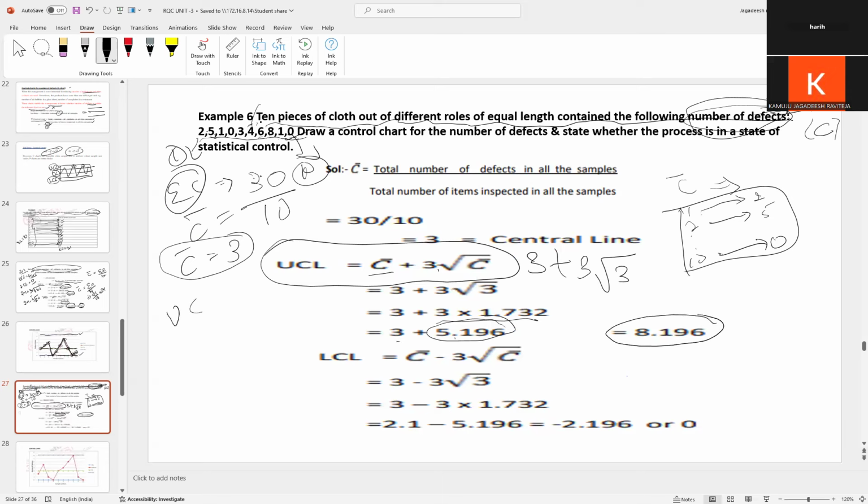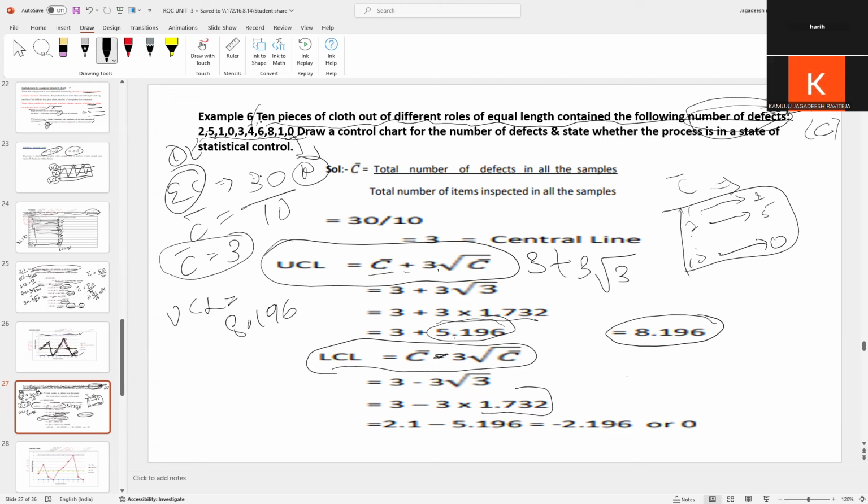Therefore, the upper control limit is 8.196. Now, similarly, we have to find the lower control limit. What is the formula for the lower control limit? Same, but we get the minus symbol. That is C bar minus 3 into square root of C bar. So that is 3 minus 3 into square root of 3.